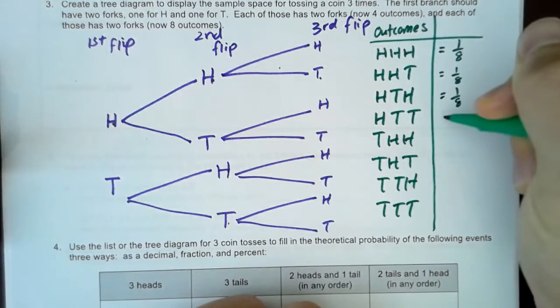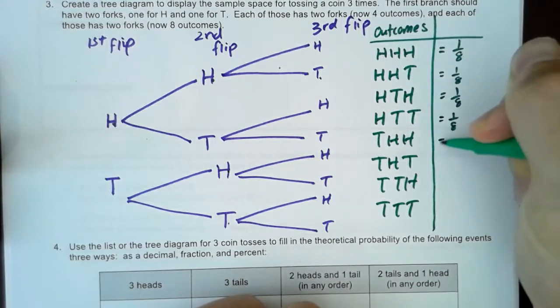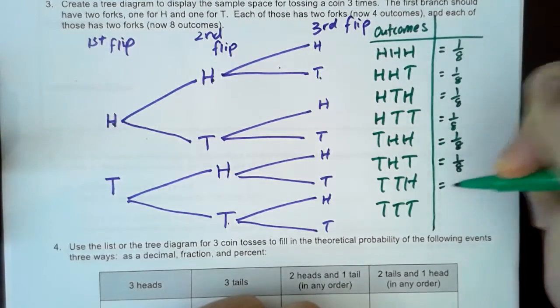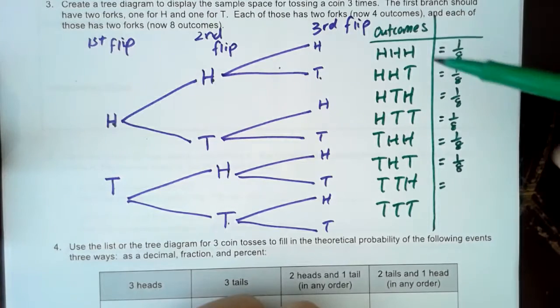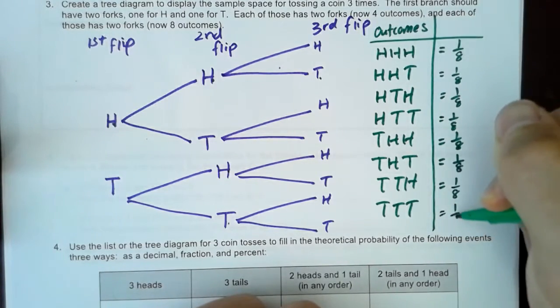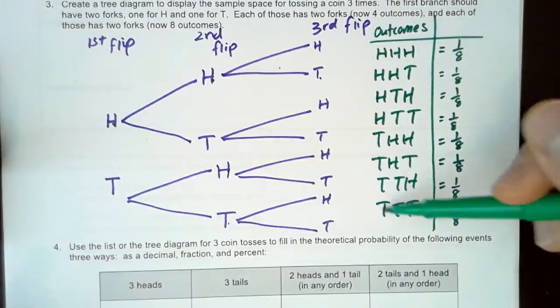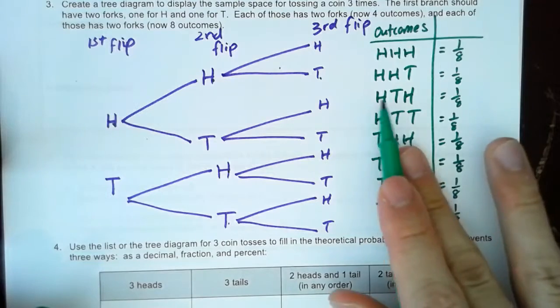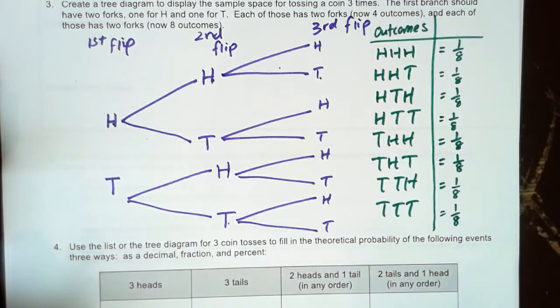So all of these probabilities are the same. They are different in terms of the actual outcome, but they all have the same probability. So getting tails, tails, tails is actually the same probability as getting heads, tails, heads in that order.